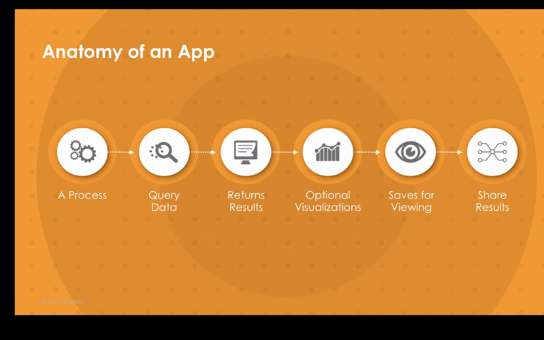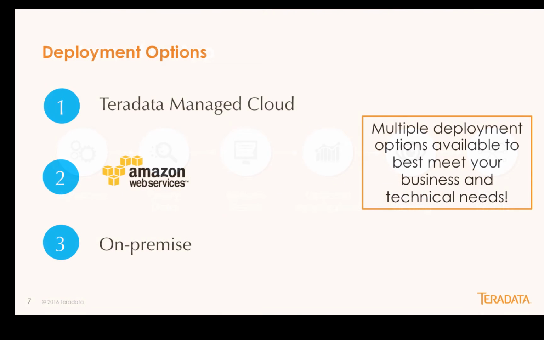So that's one anatomy of an app, where you can query the data, get the results, visualize it, and then share. A whole component of this is a self-service architecture where multiple users from the business side as well as the IT side can leverage the infrastructure.